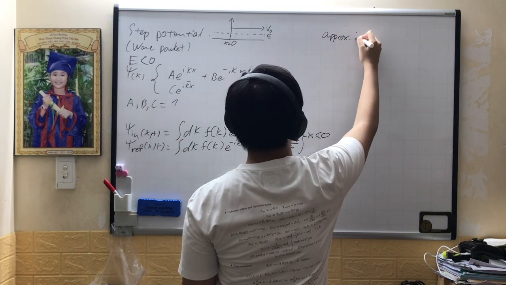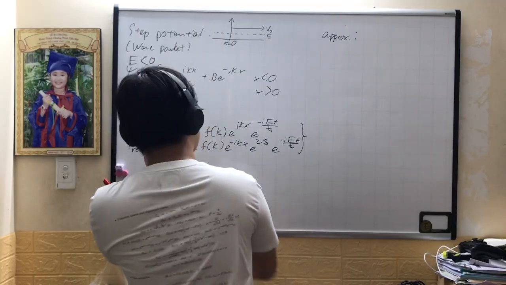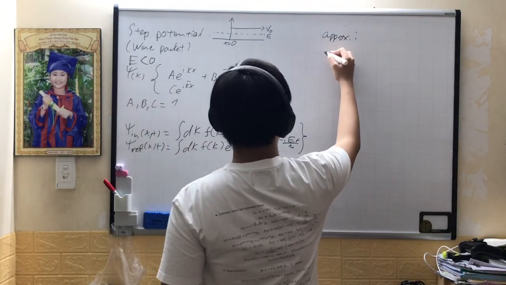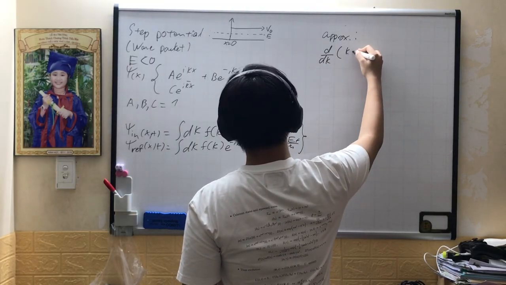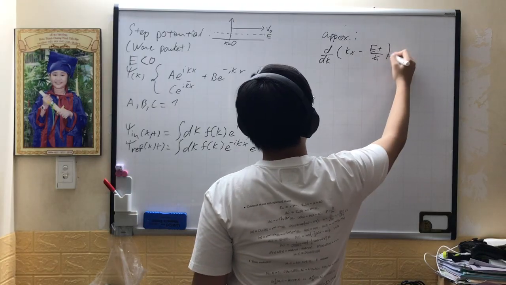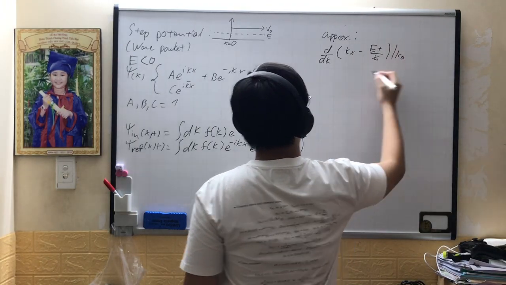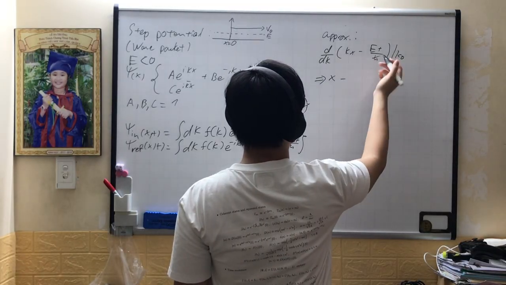Approximation. We would need the phase to be stationary. This would go as x minus dE/dk t.